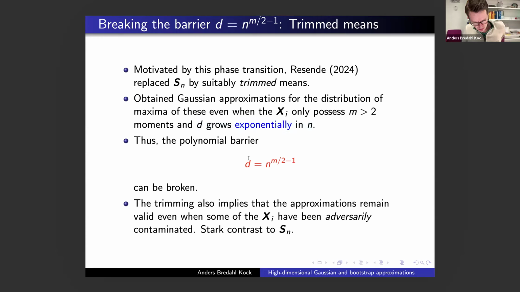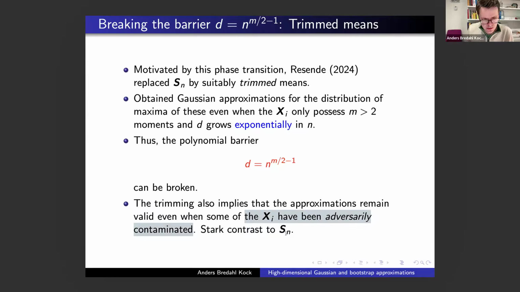Therefore, this polynomial growth barrier that I just showed you can be broken by considering trimmed means instead of plain sums. Furthermore, as an added benefit, this trimming implies that the Gaussian approximation remains valid even if some of the xi's have been adversarially contaminated, that is, in the presence of some outliers.